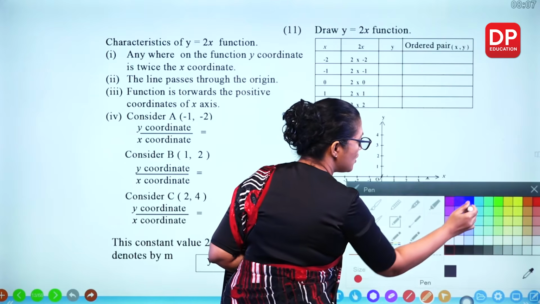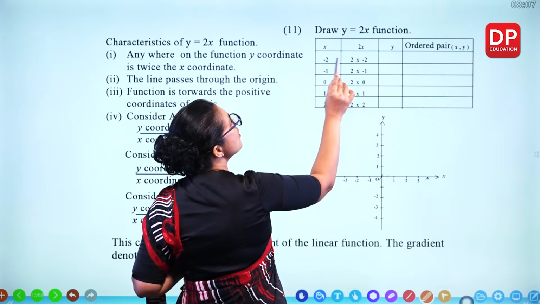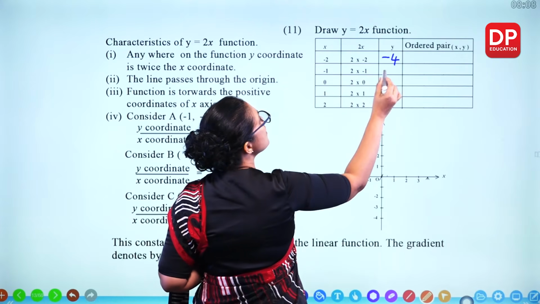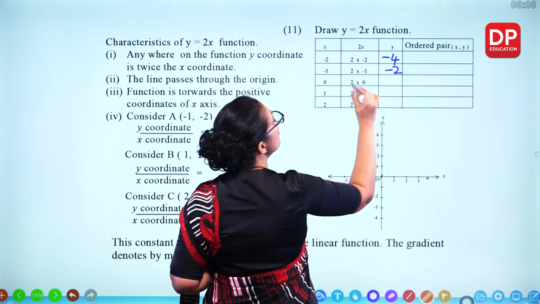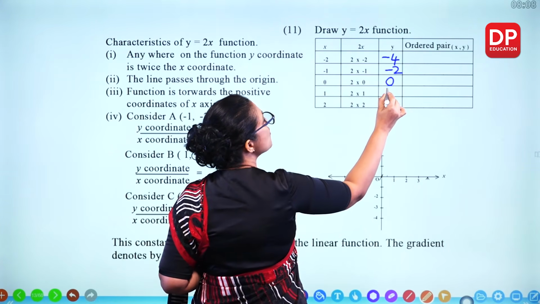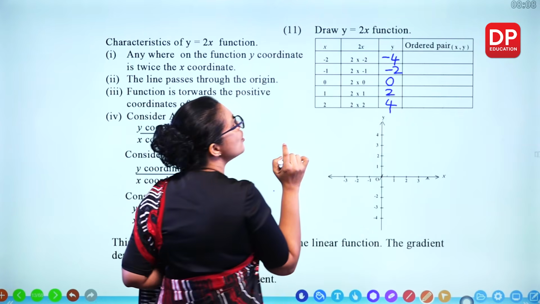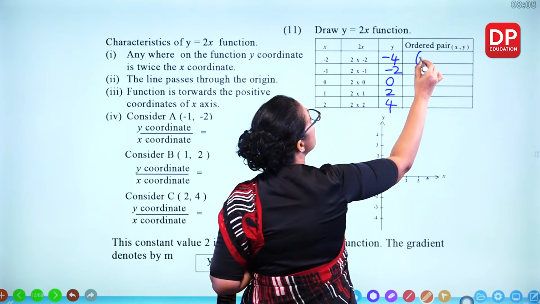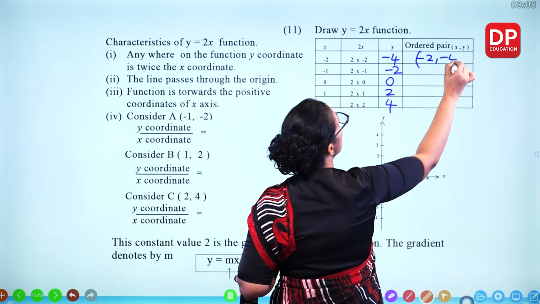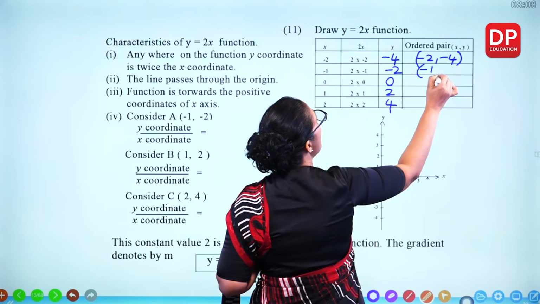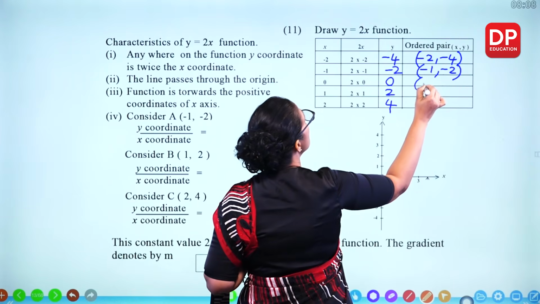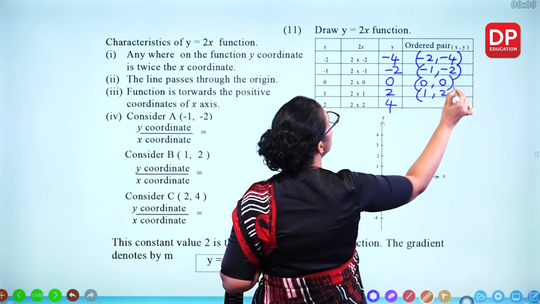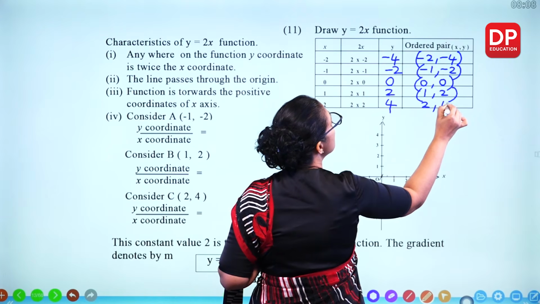So here we'll do the calculations. 2 times -2, -4. 2 times -1, -2. 2 times 0, 0. 2 times 1, 2. 2 times 2, 4. So how do you write down the ordered pair? X first. -2, -4. Here -1 and -2. 0, 0 and 1 with 2 and 2 with 4.